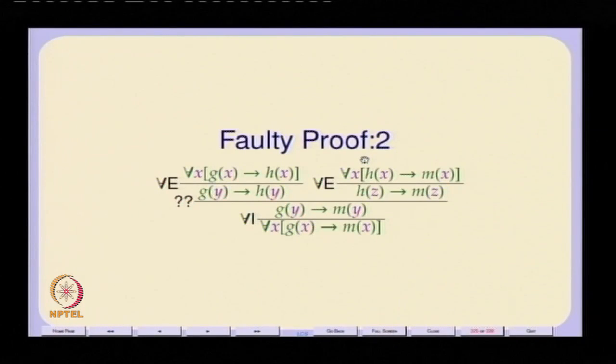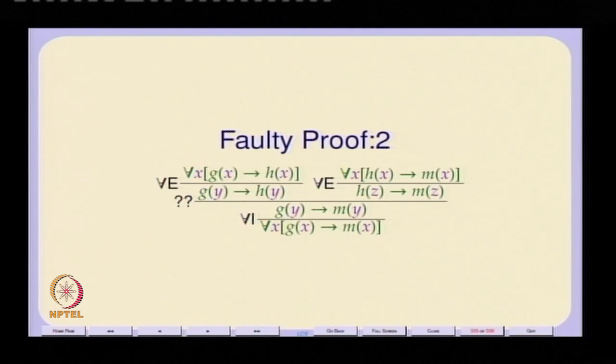Here's another faulty proof. Here I eliminated this quantifier by using a variable y. I eliminated this quantifier by using a variable z. And then somehow suspiciously I am using a transitivity rule, which is not acceptable, because these are not necessarily propositions, they are propositional forms with variables in them.